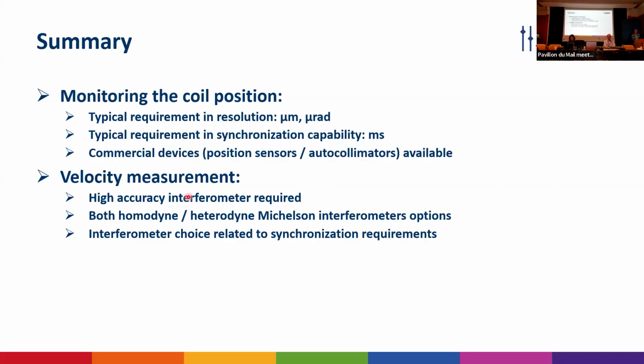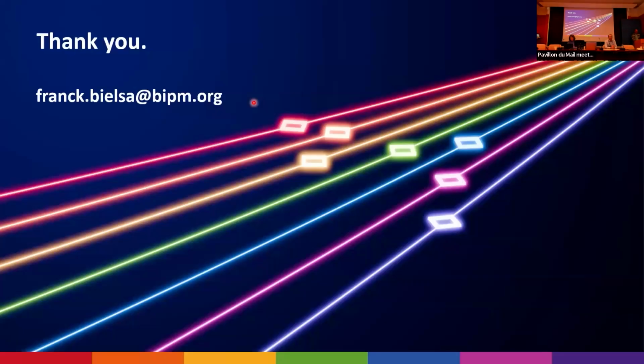It must be accurate, and it must be high resolution at the picometer level. You have the choice between homodyne or heterodyne Michelson interferometer, but any choice you make, it must take into account the synchronization requirements, and it must take into account the general design of your system. And that's it. Thank you very much for your attention.